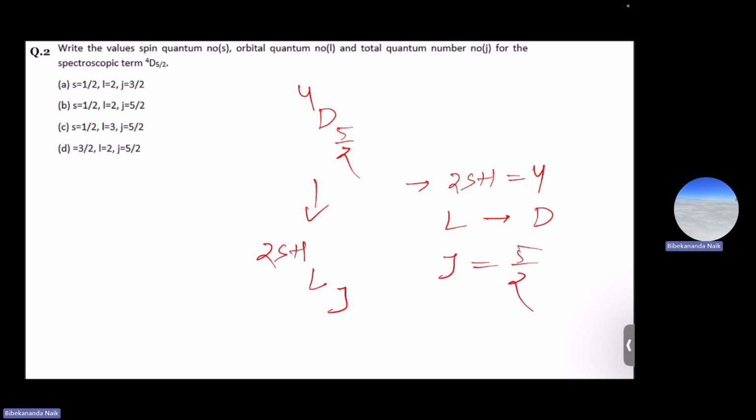So straight from this we determined one quantum number, which is J. J is 5 by 2. If you see these options, we have J equal to 5 by 2 in three of them, so option 1 gets cancelled out.